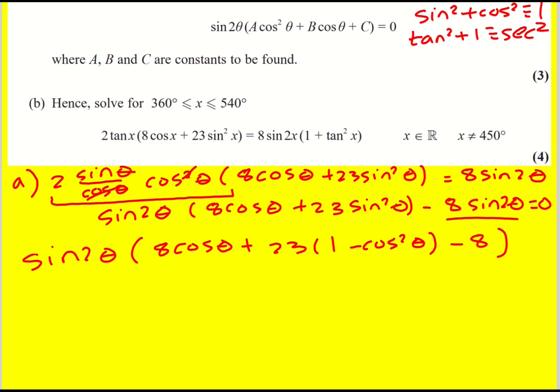And we're nearly there now. So I'll get plus 23 minus 23 cos squared theta minus 8. I'm just going to do 23 minus 8 to give me 15.